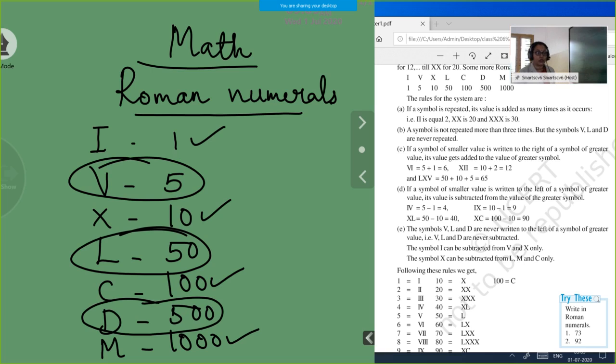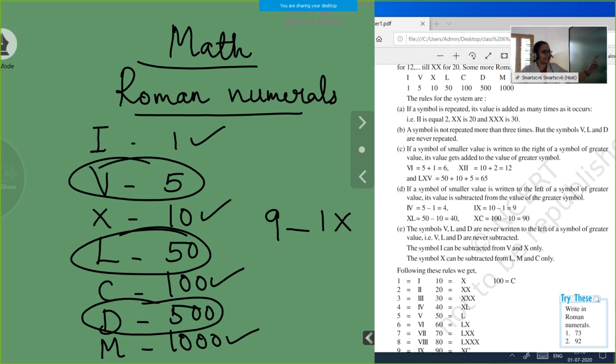These numbers I, X, C and M we are using for subtraction also. But in subtraction, we can use this I, X and C only one time. Suppose we want to make 9, how will we make 9? That is 10 minus 1. Minus 1 means I, and that I we put to the left side.